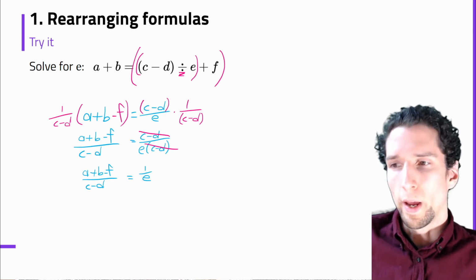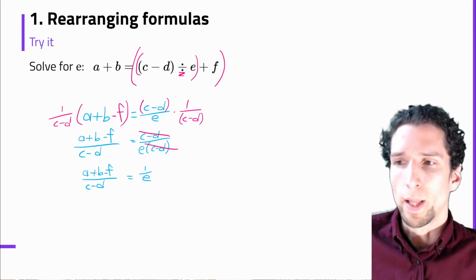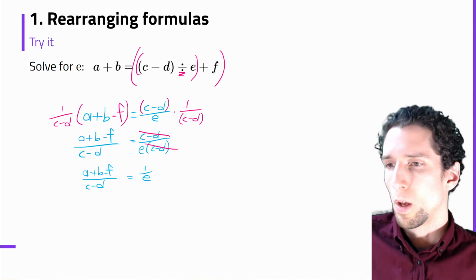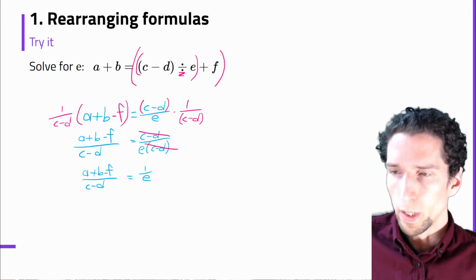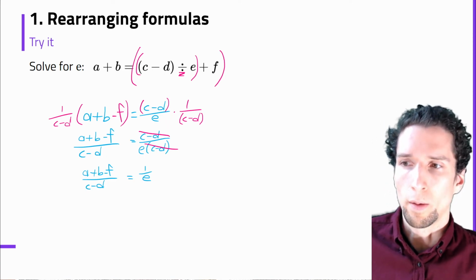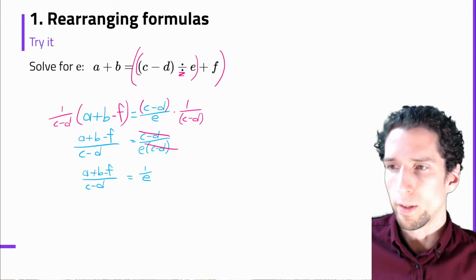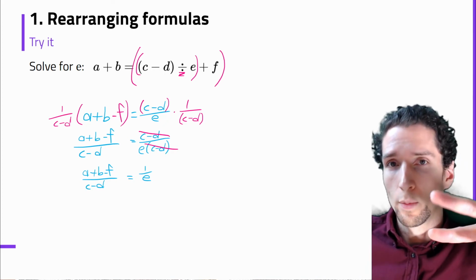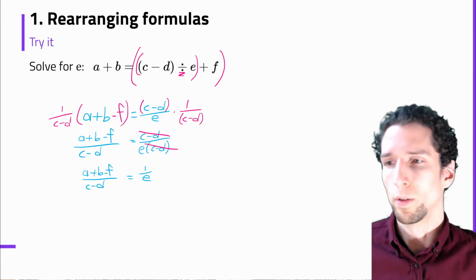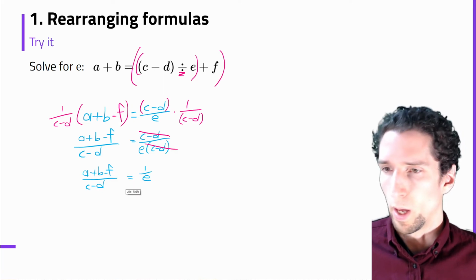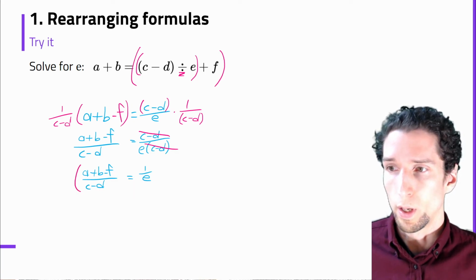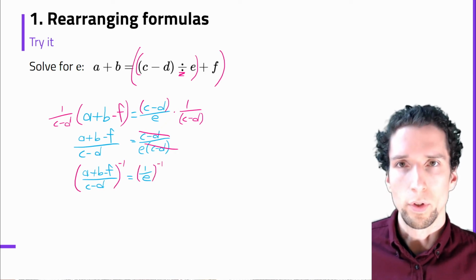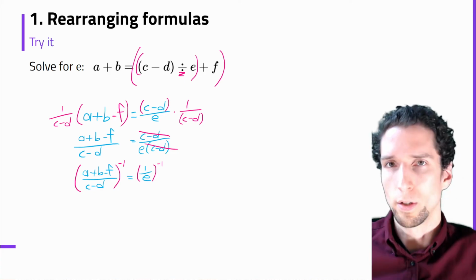Okay, well, we're almost there, but we have 1 over e, and we don't want that. We just want e. So what we can do here is a few different ways of thinking about this. But if we just invert, we take both sides and we just flip them upside down, which we can do with an exponent of negative 1, that is the formal way of doing this, but just flipping over the fractions on both sides.